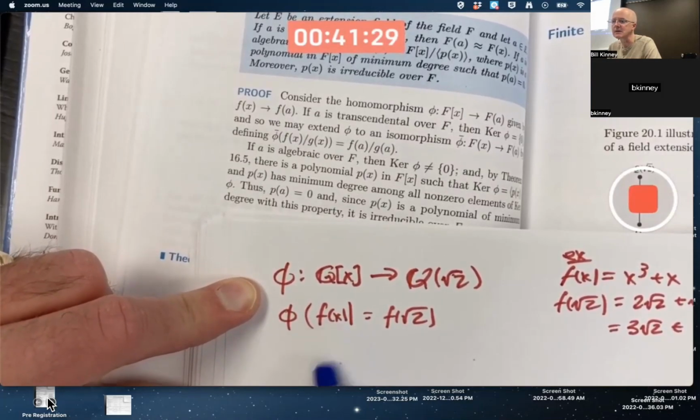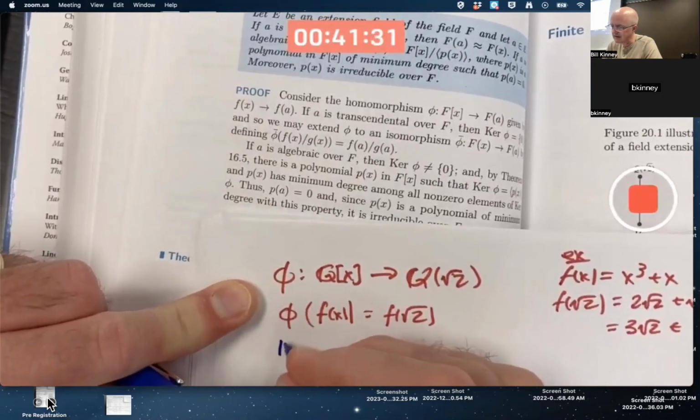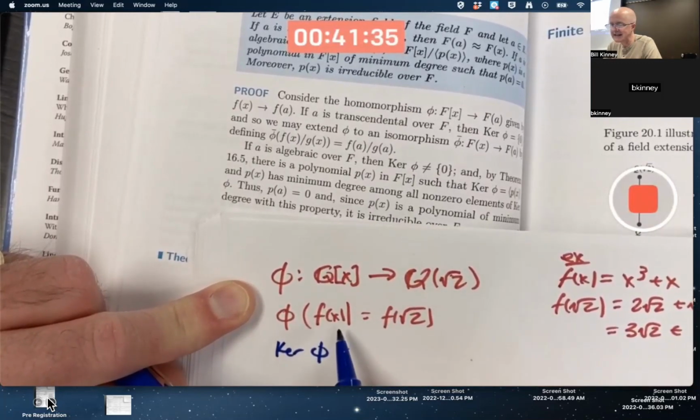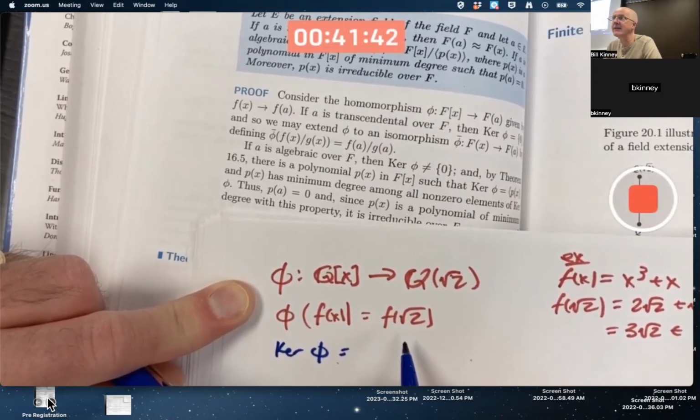For our example, what's the kernel of phi? Well, it would be the set of all f of x in Q[x] such that this is 0. Certainly that includes f of x equals x squared minus 2, right? Because x squared minus 2 has square root of 2 as a root.